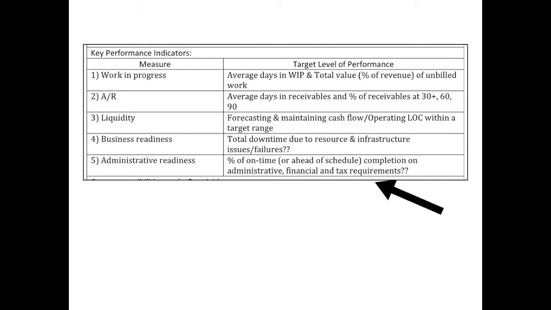Again, we would actually put some hard numbers there. Forecasting and maintaining cash flow and the operating line of credit within a target range. So again, controlling the cash flow and the liquidity, and so forth. The idea here is making it specific and measurable across the board.